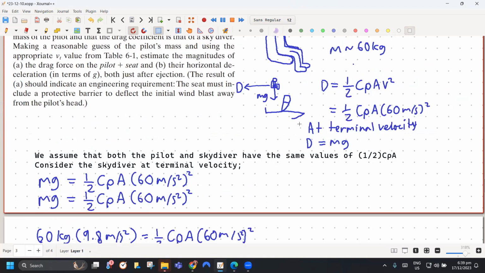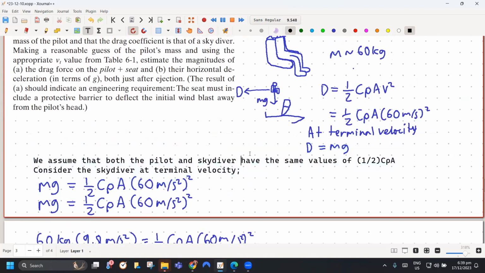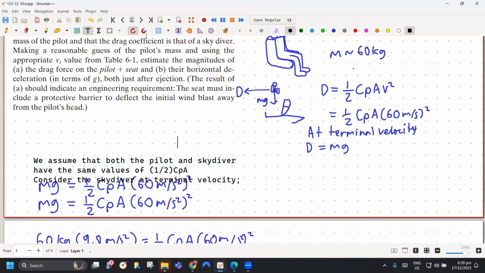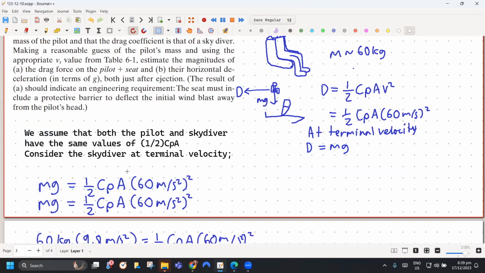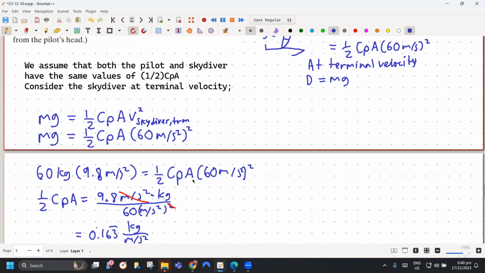Then the notation, when you substitute mg and 60 meters per second, first write it as V skydiver. And then terminal, terminal velocity.